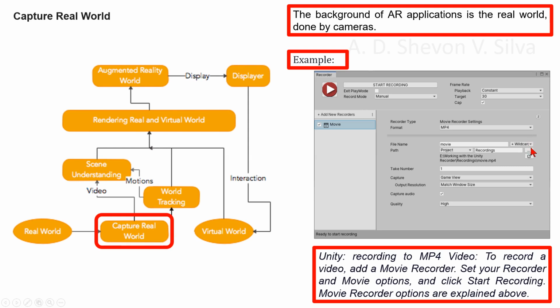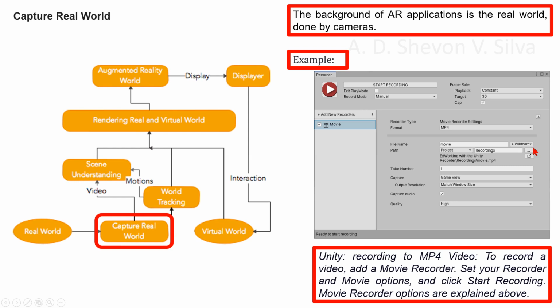There are several wildcards available for the file name that will be replaced automatically when the movie is saved. For example, take in the file name will be replaced with the take number, which can be manually changed and increments automatically with each subsequent start of the Unity Recorder.